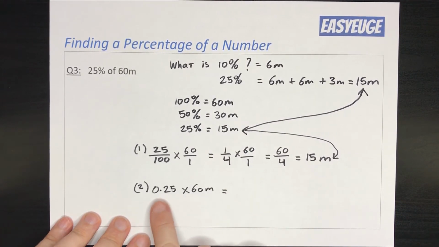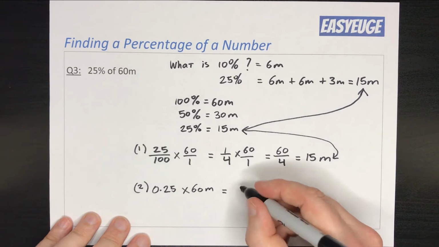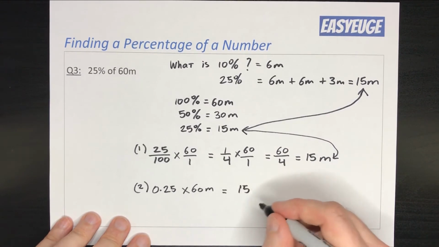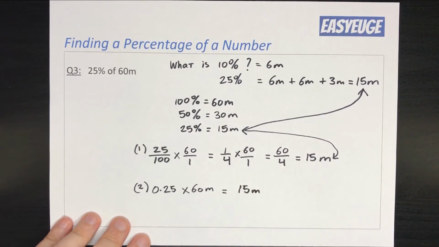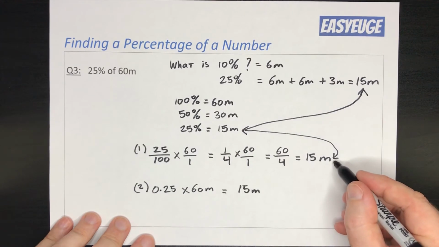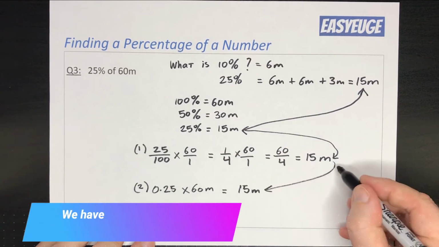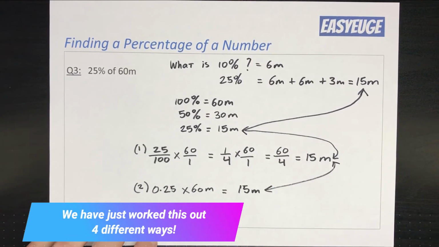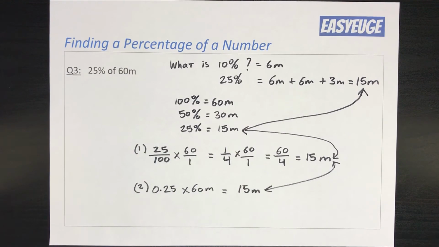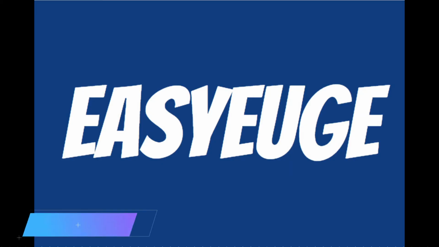So type in 0.25 multiplied by 60, press equals, and the answer will come out as 15 m, because that's the units. And look, again for the fourth time we have 15 meters as the answer. So there's lots of ways to find a percentage of a number.